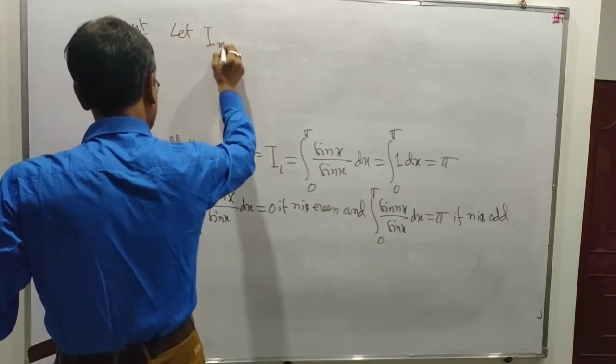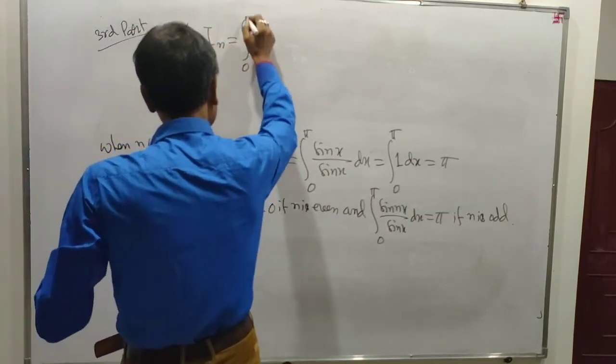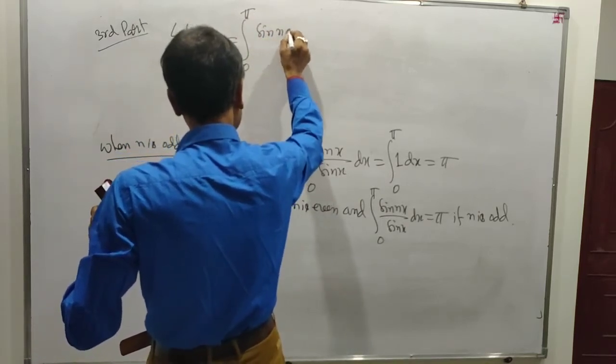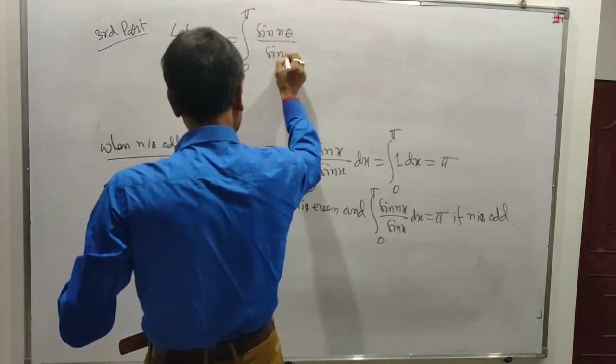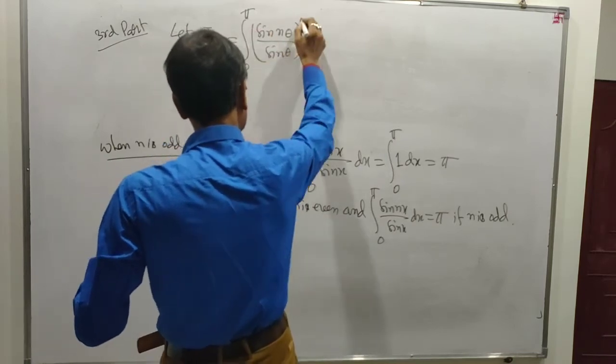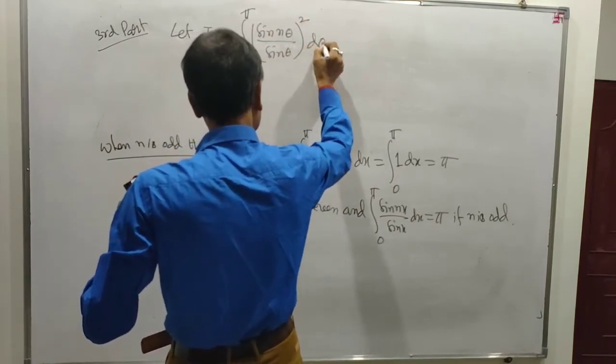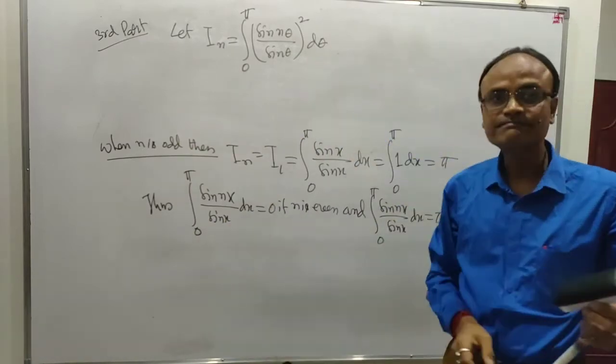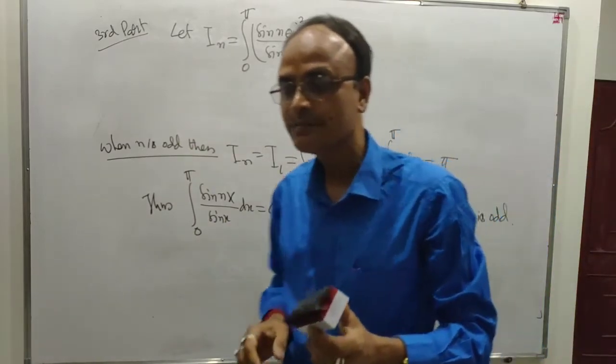Let I_n be equal to integration 0 to pi of sin n theta divided by sin theta, whole square, d theta. Let I_n be equal to this.